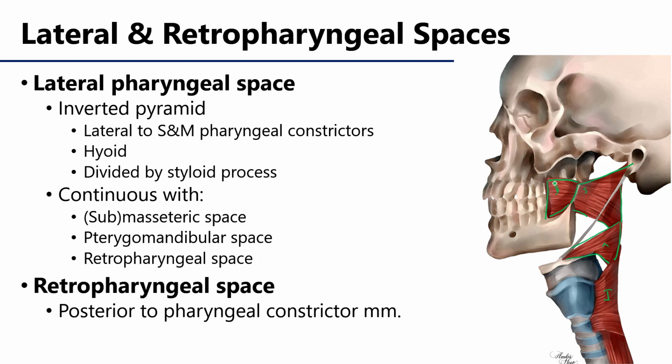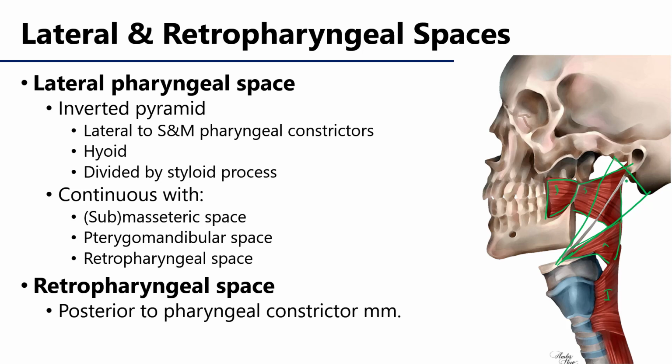If we think of an inverted pyramid, kind of going from the base of the skull down toward the hyoid bone, back up, just superficial to that superior and middle pharyngeal constrictor muscle, that is the lateral pharyngeal space.